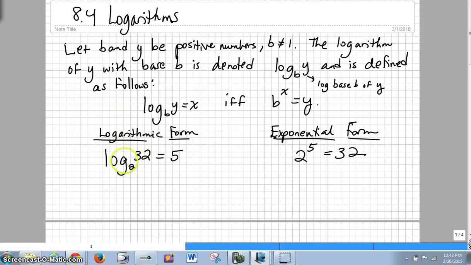So the little 2 here is called the base, and this 32, which is the same size as the log, is called the argument of the logarithm. And the base and the argument always must be positive. Base and the argument always must be a positive number other than 1. Okay.